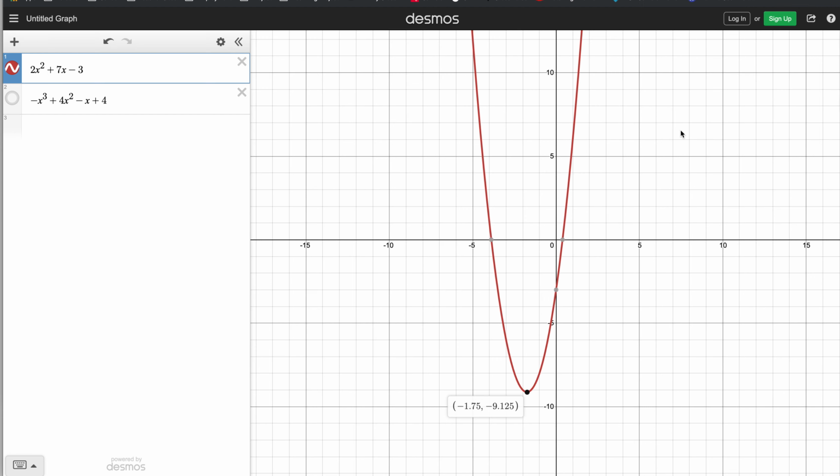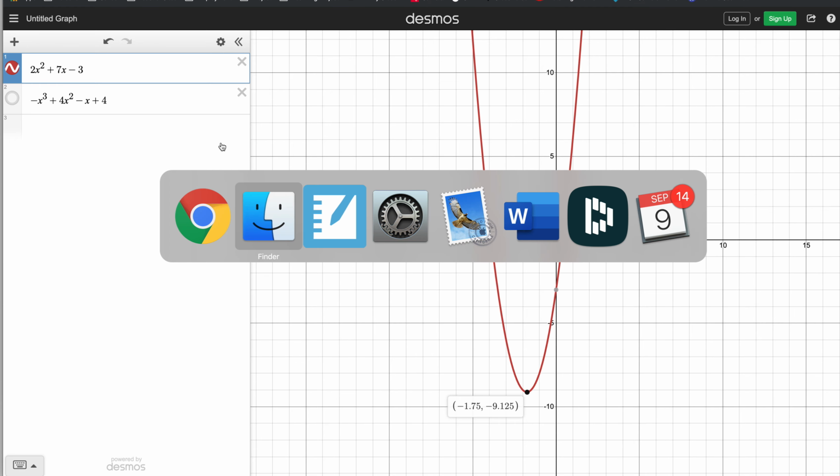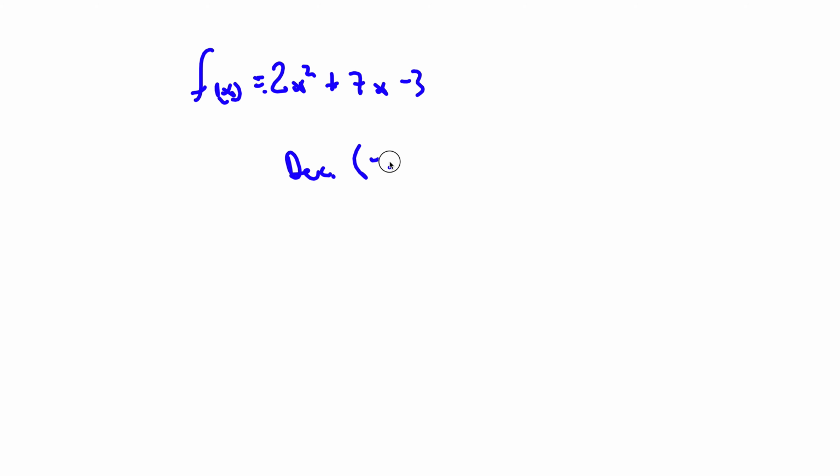So we have identified the relative min, and that also tells us the break point between the decreasing and increasing portions. So if we were to write f of x equals 2x squared plus 7x minus 3, we could say that it's decreasing from negative infinity all the way to that x value.